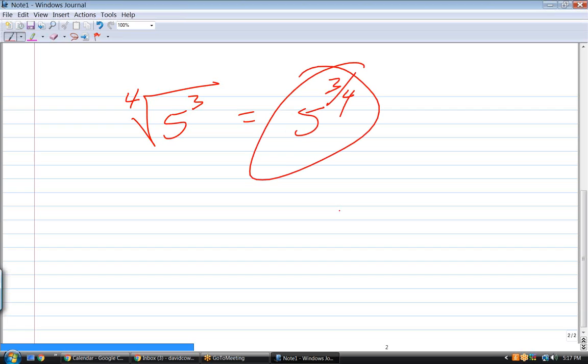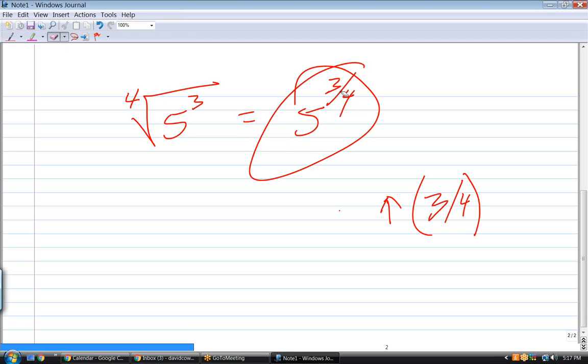Okay, do you know how to find that answer in your calculator? Yeah. Okay, in other words, you can either raise it to 0.75, which is actually the easiest thing to do, or you can raise it to the fraction, and it'll give you the proper number.